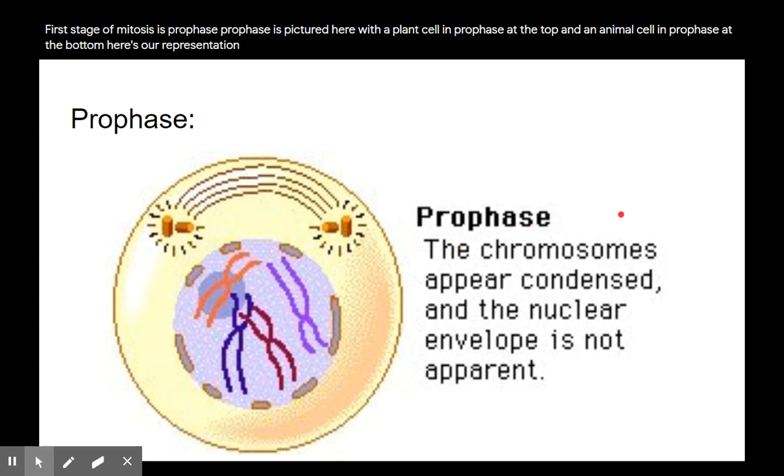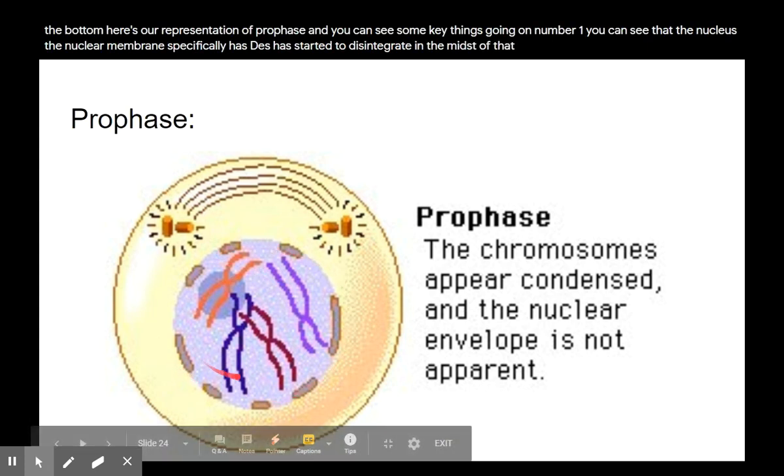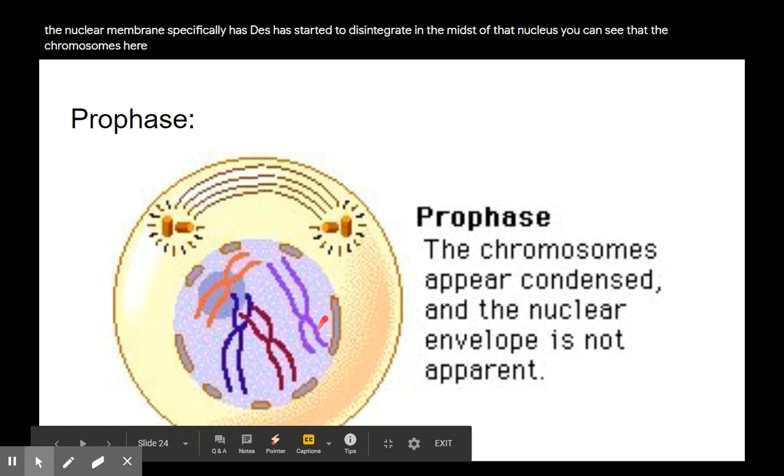Here's our representation of prophase, and you can see some key things going on. Number one, you can see that the nucleus, the nuclear membrane specifically, has started to disintegrate. In the midst of that nucleus, you can see the chromosomes here, and it pictures 4 dyad chromosomes. Those chromosomes are now visible.